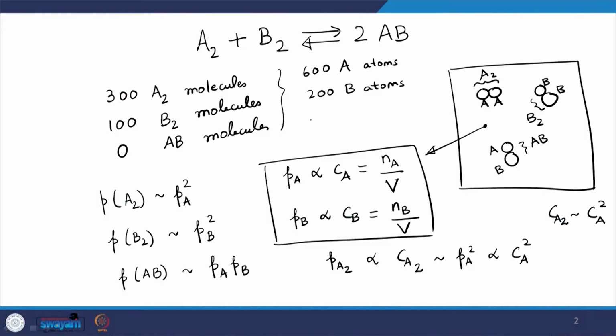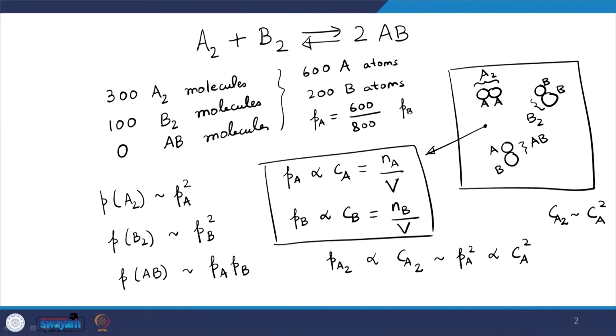So, if I now compute these values, what is the probability of A here? It is 600 divided by 800, because in total we have 800 atoms, right. So, 600 by 800 tells me the probability of finding an A out of the atoms in the box. The probability of B is going to be 200 by 800.